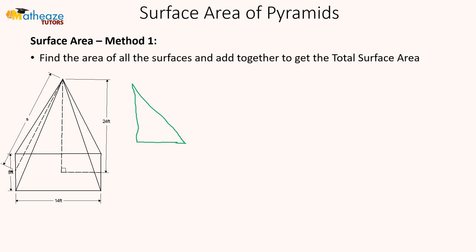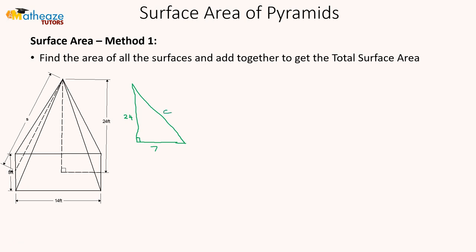So you're going to have 24 as this side, and then the altitude is going to be at the center of the base. So the base is going to be 14 divided by 2, which is 7. And so therefore, the altitude of one of the faces there is going to be this right here. We have a right angle. This is the hypotenuse, which is C.